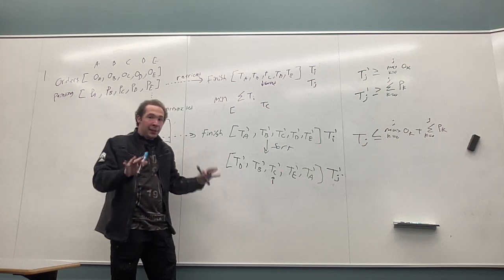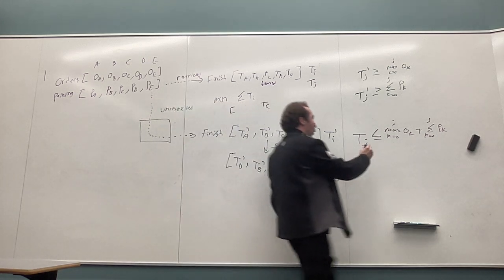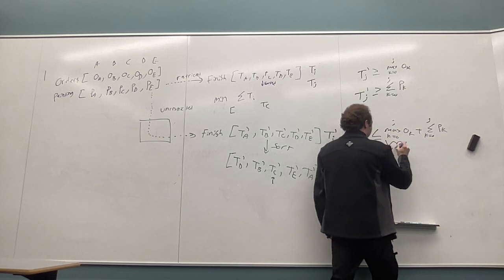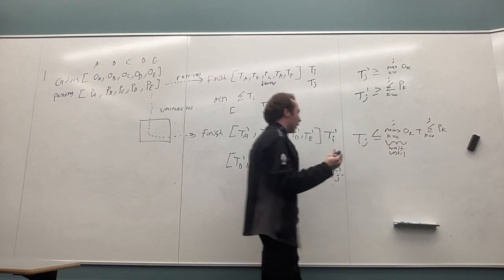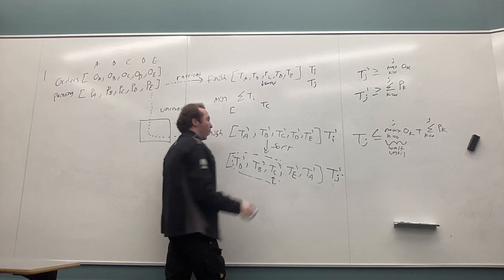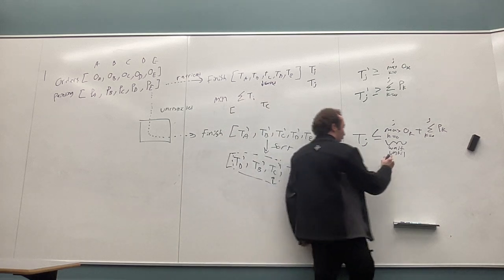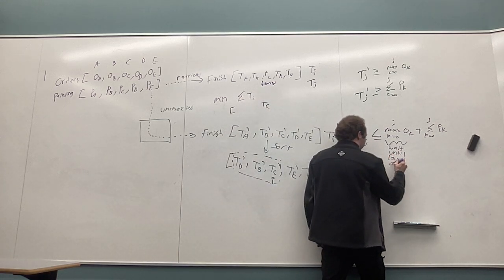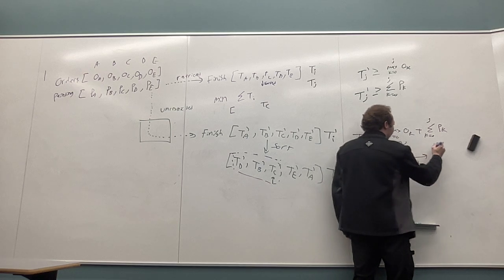Which means, at the worst case, what you could do is look at these first three guys, wait until the maximum, until the last order comes in, and then paint everything in this order.